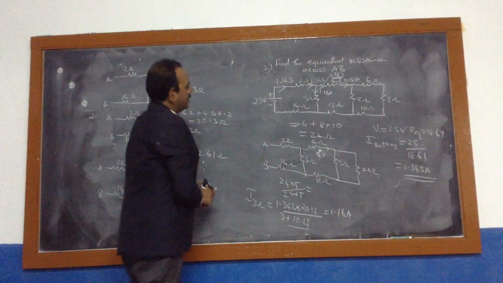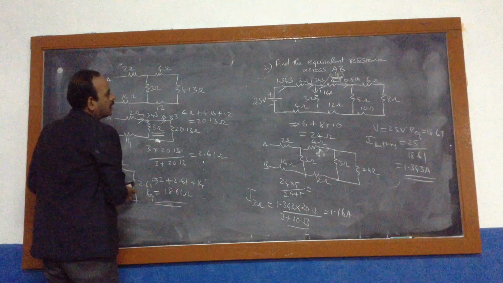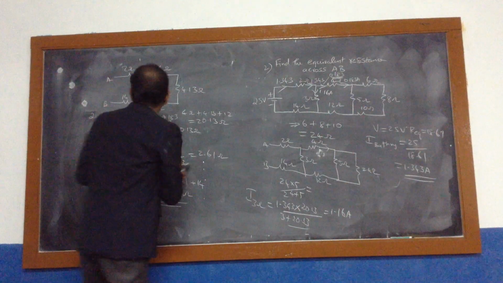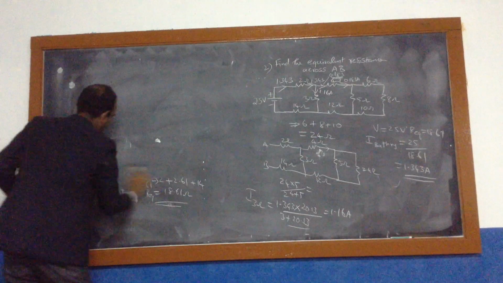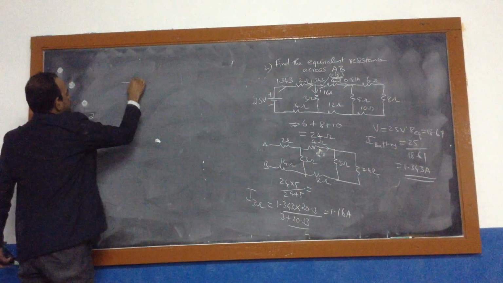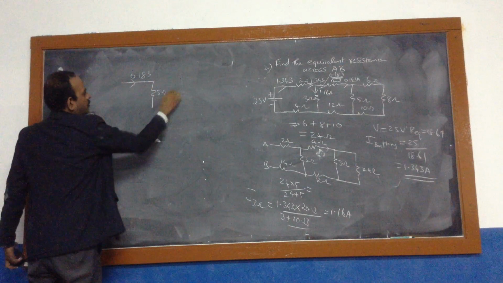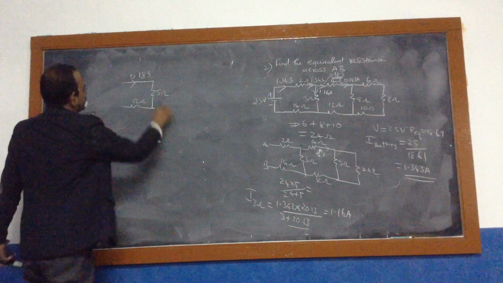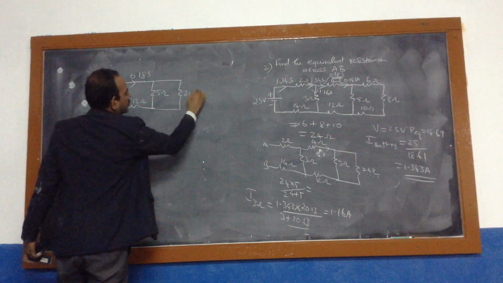We can make this equivalent resistance like this, as we already did, and we will get 24 ohm. So we can redraw the circuit here. This is 0.183, this is 5 ohm, this is 4 ohm, and these 3 in series give you 24.